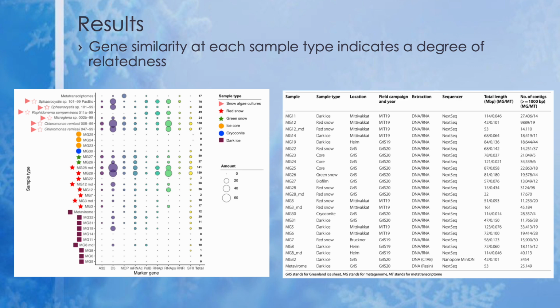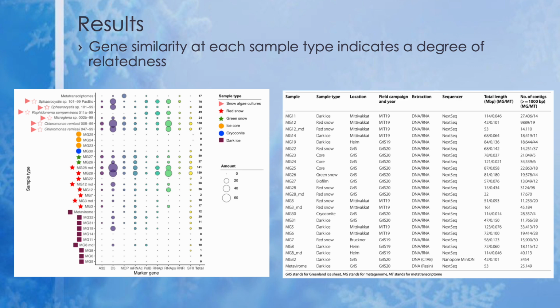Dark ice samples MG32, MG31, MG19, MG3, and the metavirome each contain a Pol B sequence with greater than 99.5% identity. Red snow samples MG12 and MG13 from the Greenland ice sheet contain Pol B genes that were greater than 94% identical.